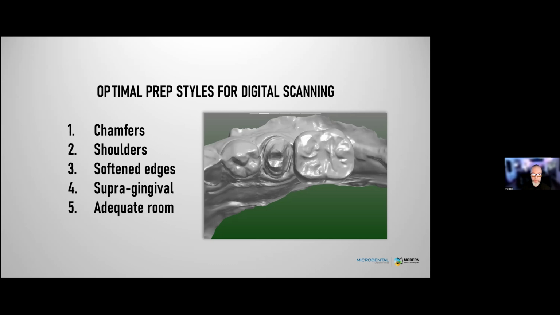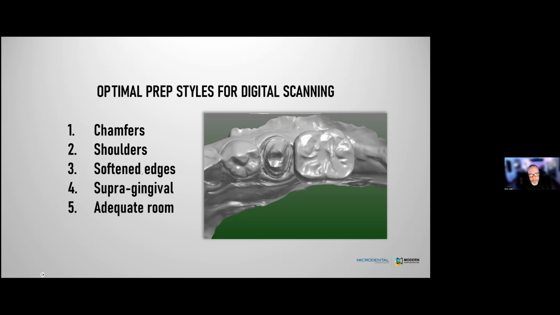So if you have something like a knife edge, the very thinnest part of that is going to have to be something like 0.3 millimeters. And if you have nothing behind that, like a chamfer or a shoulder behind the margin, you can't get any thinner than that without potentially causing some microfractures. So giving some room behind the margin is going to go a long way to preventing those microfractures, and also will go a long way to making sure you have accurate margins down the line.